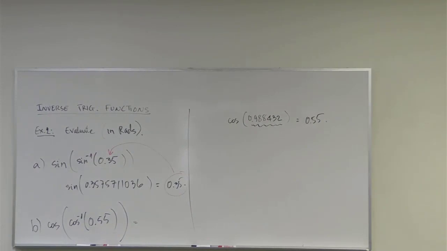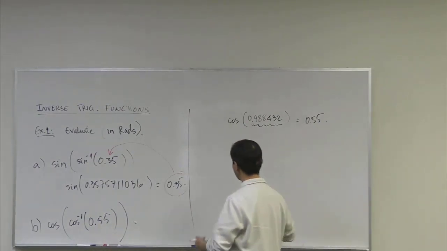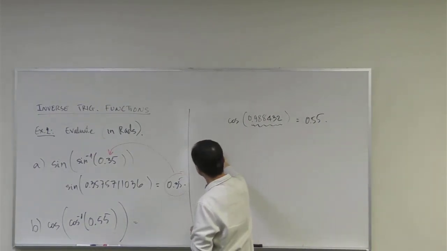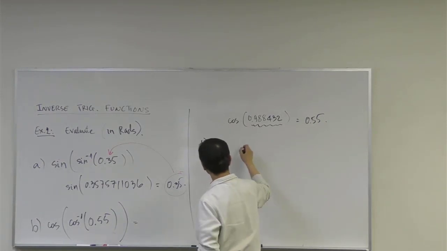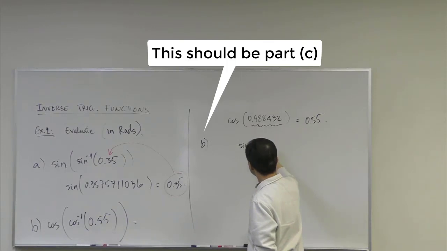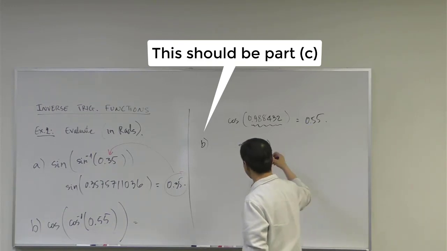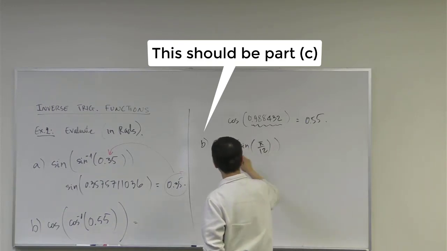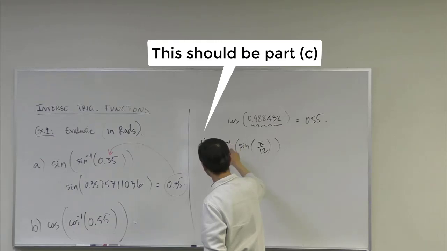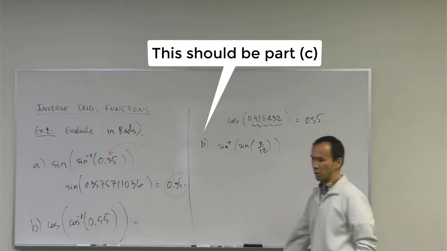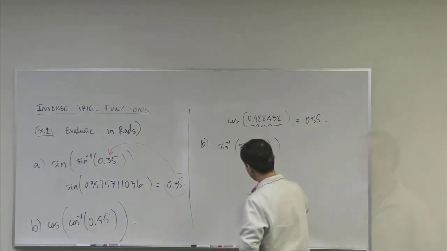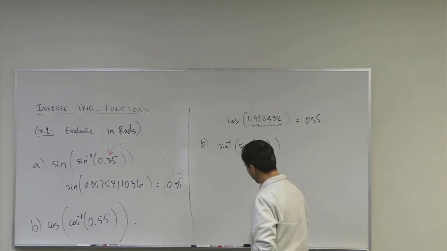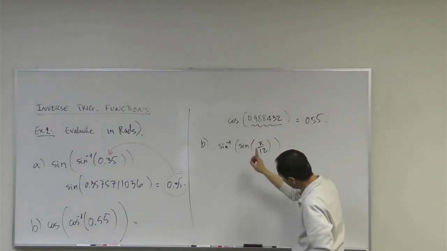Now I'm going to bring in a third problem. You guys take for me sine of pi over 12. We didn't even have pi over 12 from our problem. And then from there we take sine inverse. Remember the thought process: we go from the inside out.